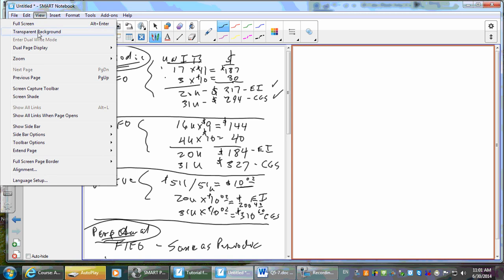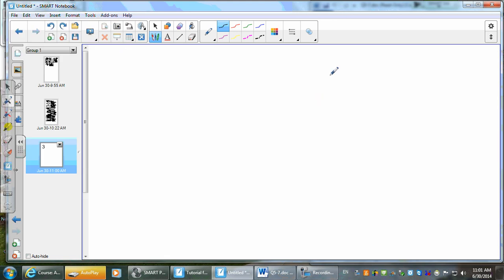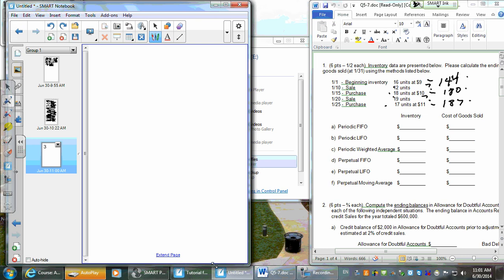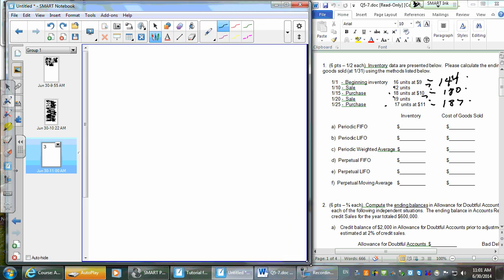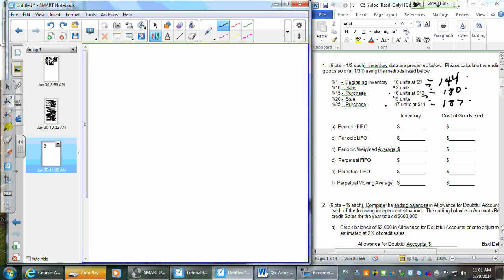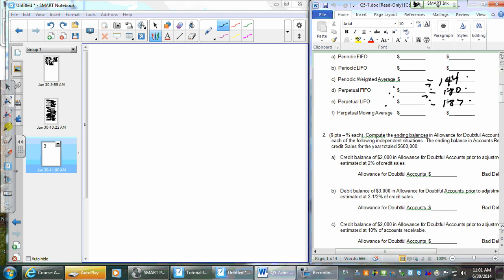View single page, somewhere, there it is. Turn that off. Okay. And then let's do this. Oh, that didn't work. There it is. Okay. Let's see if we can find this. All right. This one.